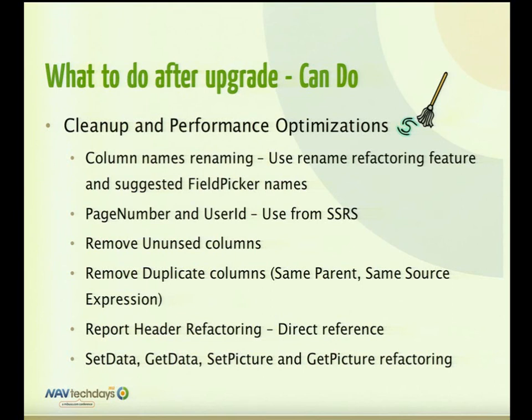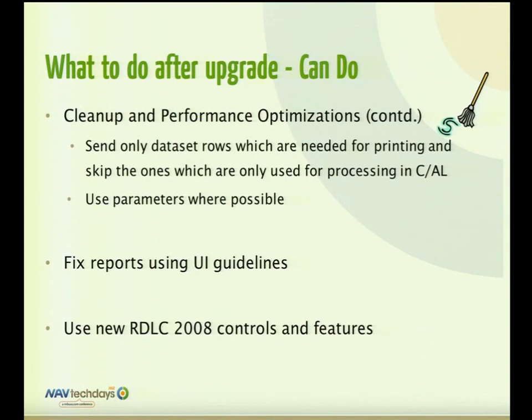Use header and GetDataset data refactoring wherever possible. We have cleaned up our reports with that. There's another thing you can do. We used to create a lot of dataset rows, even if they were not used for rendering, because we were using them for looping and filling up some other temp table which we actually used for rendering.